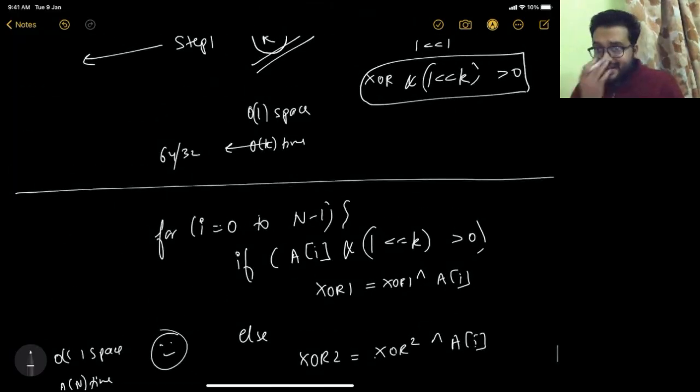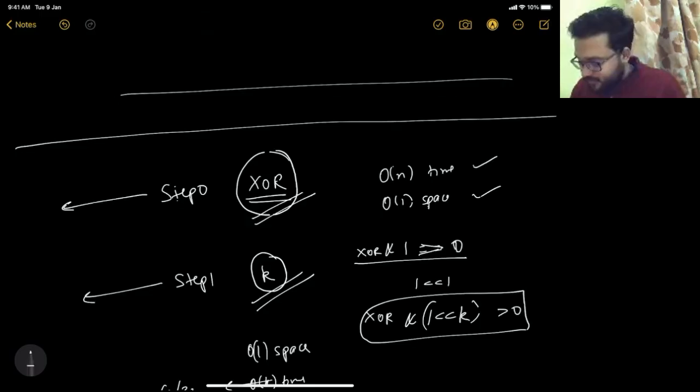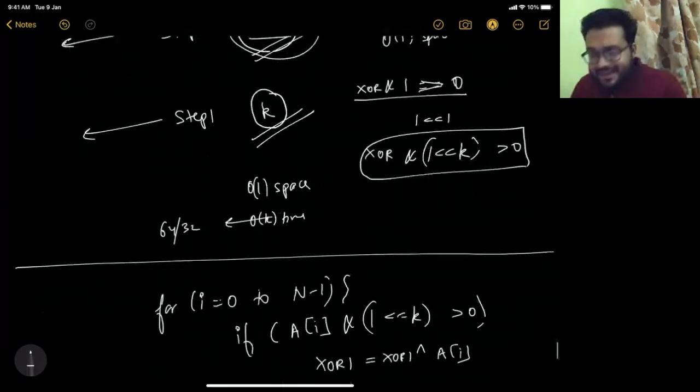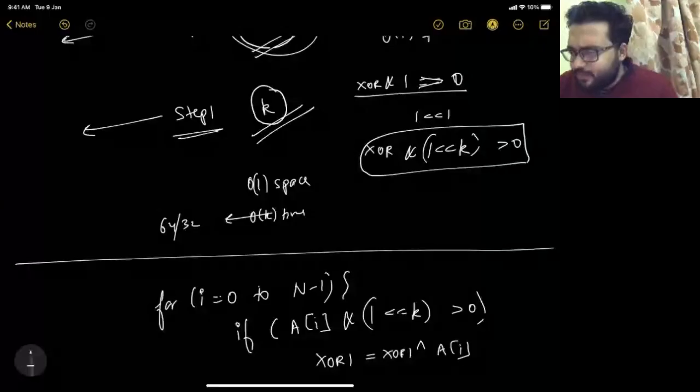Because if all the bits of the XOR value were 0, it would mean that A and B are same. Is everybody with me? Because all the bits of XOR will only be 0 if both A and B were same. And that we know is not the case because the question tells us there are two numbers which don't have any pairs. So there will at least be one bit where I have the XOR value as 1.